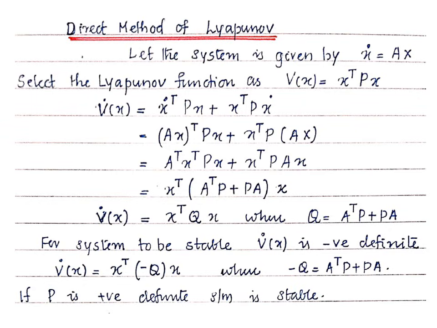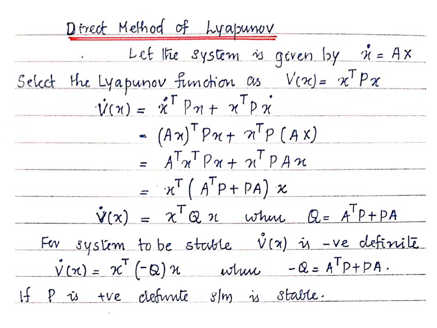And for the system to be stable, if V of x is positive definite, then V dot x will be negative definite. And we know that V dot x is x transpose Qx. So in order to get V dot x as negative definite, Q will be negative definite. Q will be negative definite means we have to put Q as minus Q, so minus Q becomes positive definite.